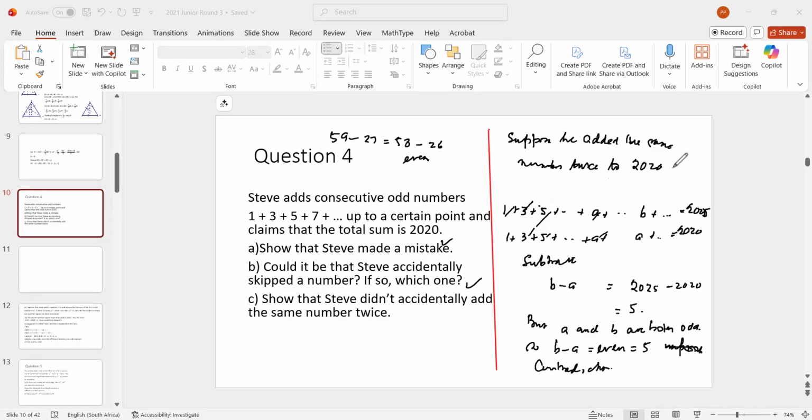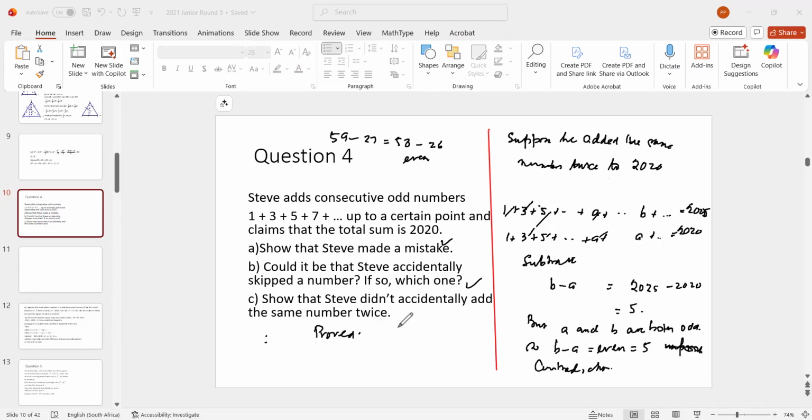Suppose he added the same number twice, and we get a contradiction. So therefore, he didn't. Therefore, yeah, proved. I'm going to write this thing out now.